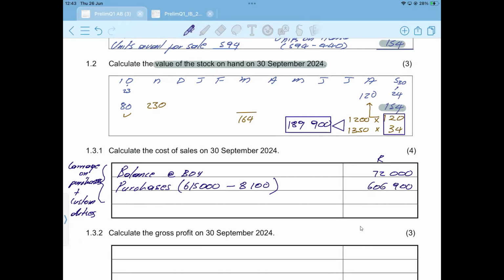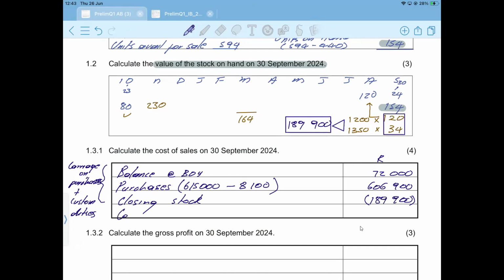And then you minus closing stock. So as I said, it's normally balance at the beginning of the year plus purchases minus returns plus carriage on purchases plus custom duties, and then you minus the value of your closing stock, which is 189,900.